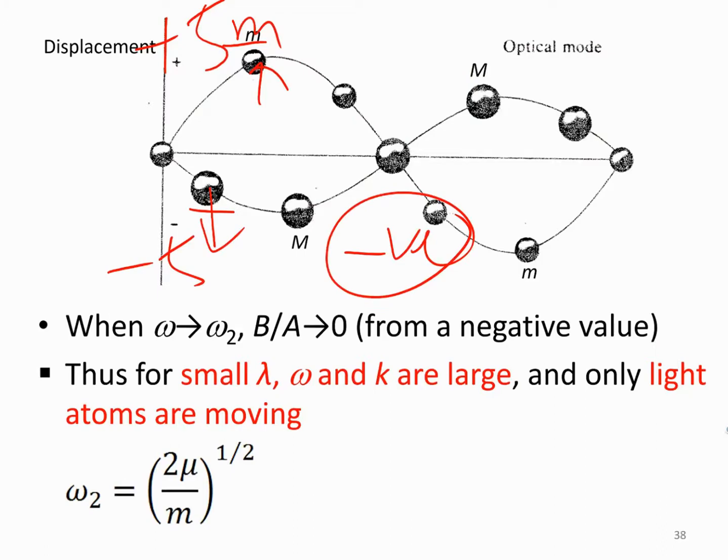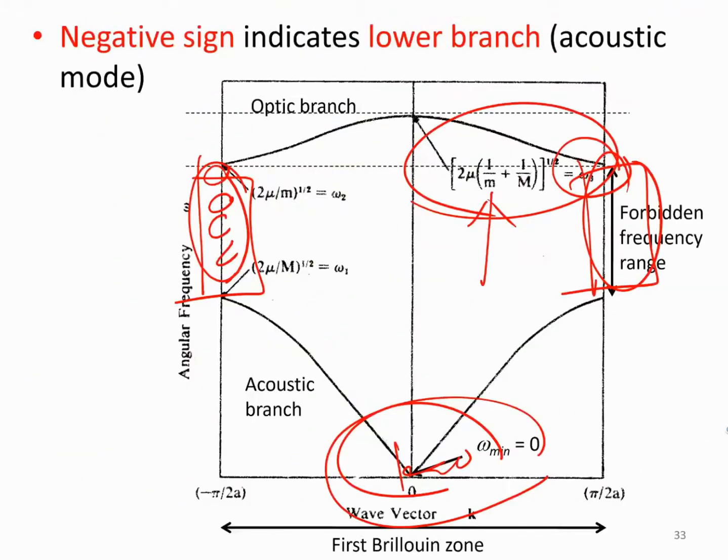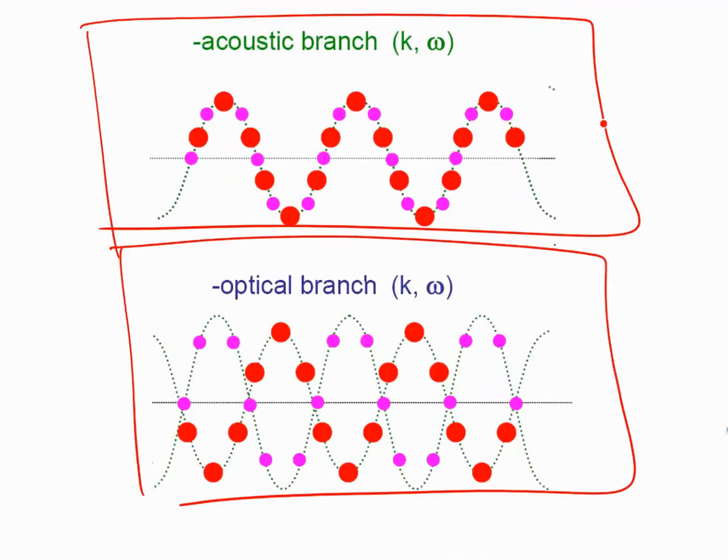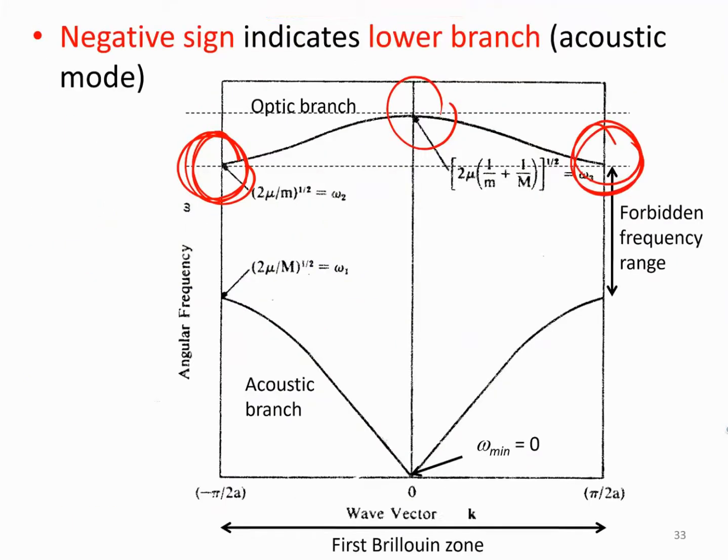So when omega approaches omega 2, just now I was discussing omega 3, right, but now we have to discuss this point and this point. For these 2 points, K equal to pi over 2a or negative pi over 2a, right?